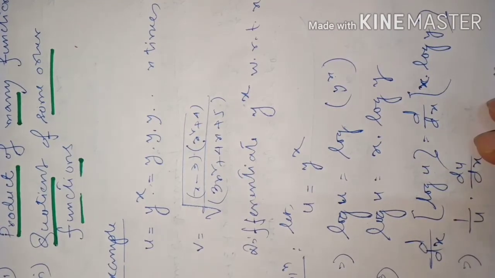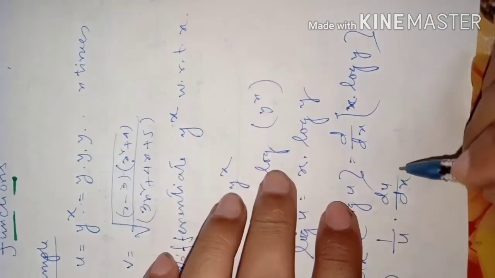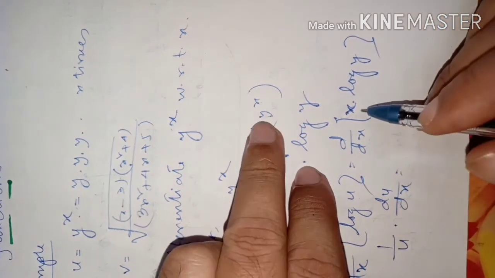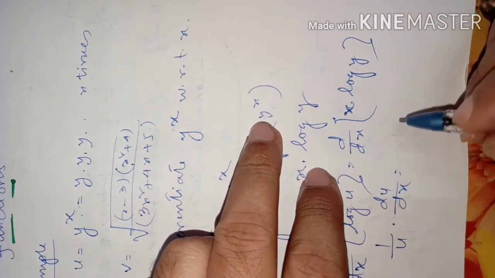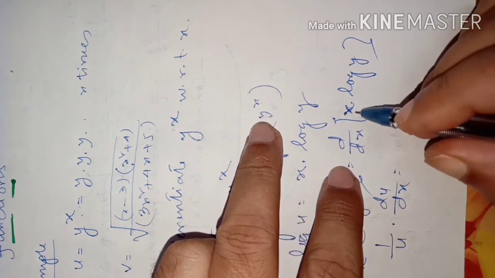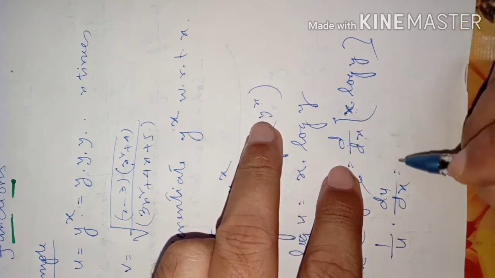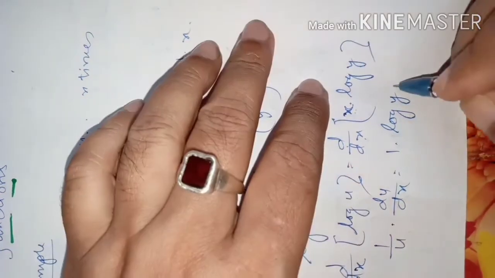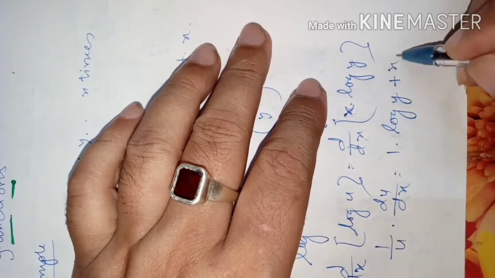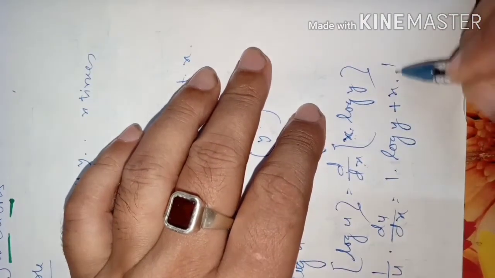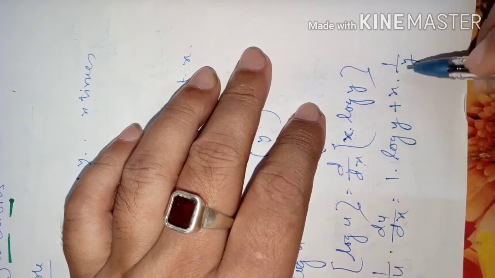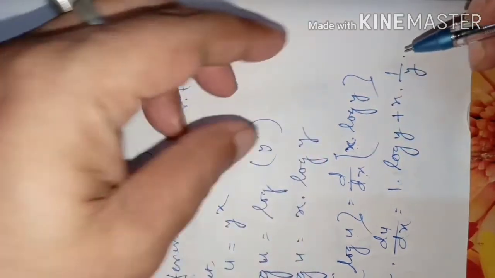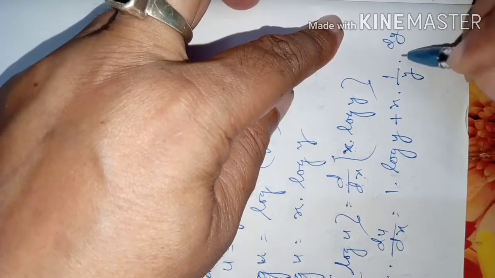You can consider the right side as a product of two functions, so use the product rule, u dash v plus v dash u. So d/dx of x is 1, into log y, plus x into d/dx of log y, that is 1 by y, into d/dx of y, that is dy by dx.